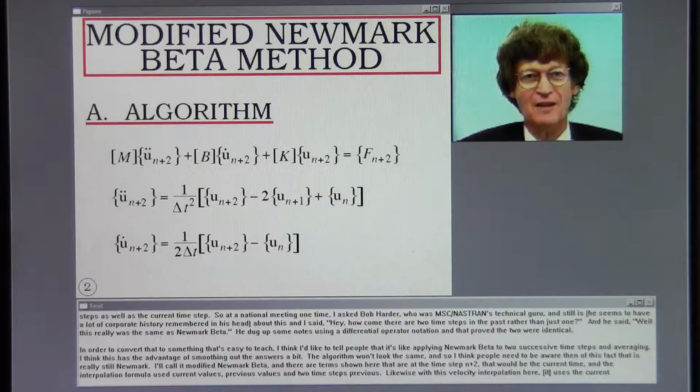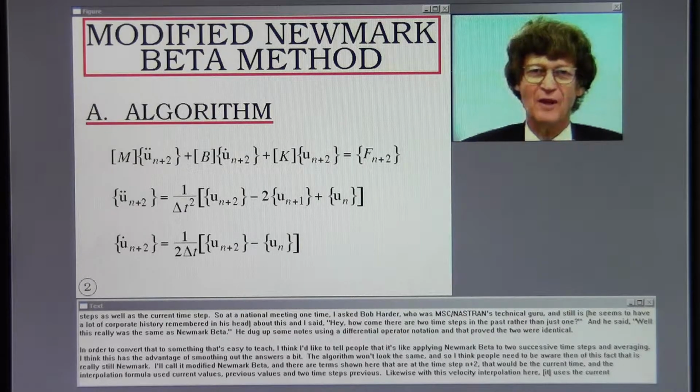And I said, hey, how come there are two time steps in the past rather than just one? And he said, well, this really was the same as Newmark Beta. And then he dug up some notes using a differential operator notation that proved that the two were identical.